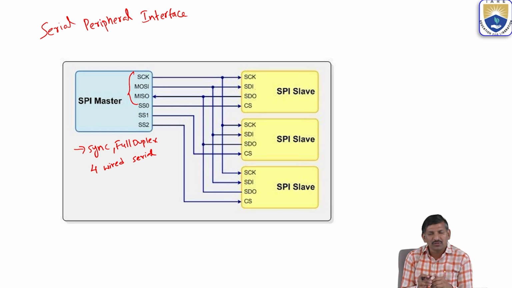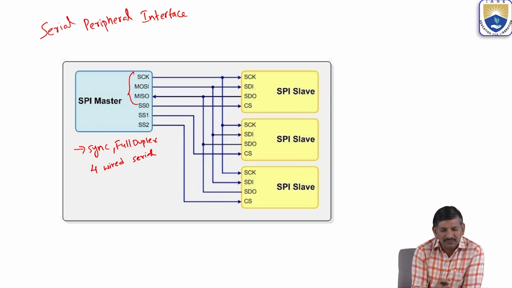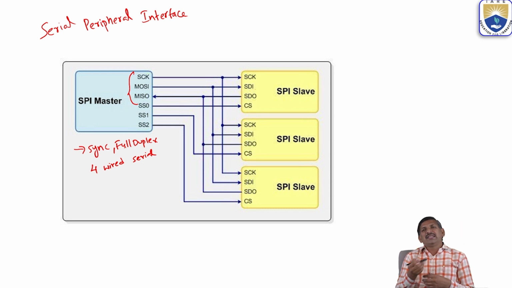Here, full duplex means at the same time the CPU sends information to the memory devices and the memory devices send data to the CPU. At the same time, the SPI device shares information from master to slave and slave to master.